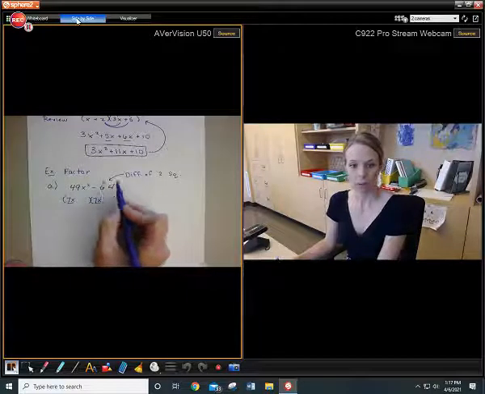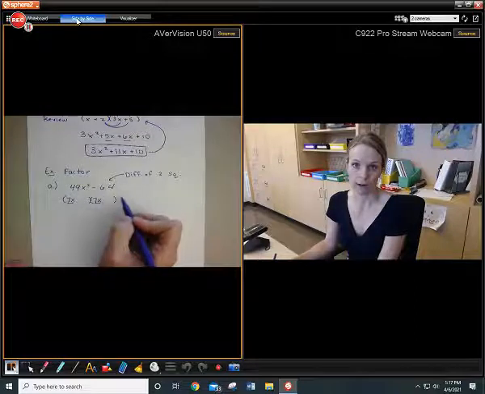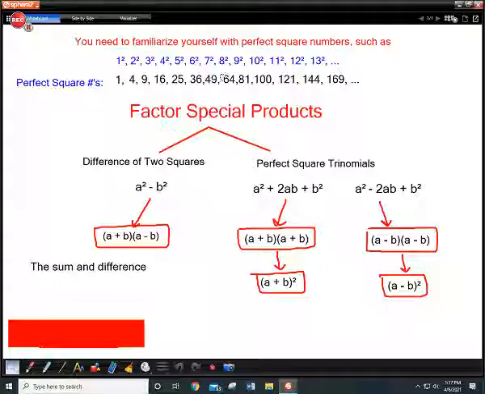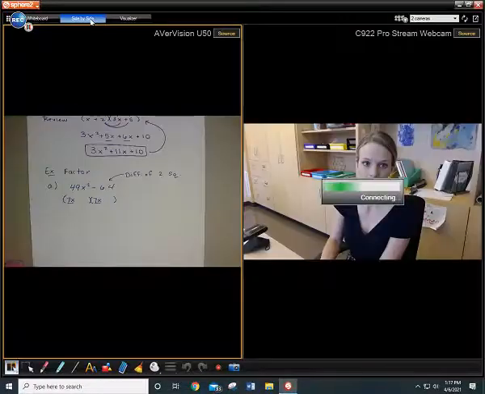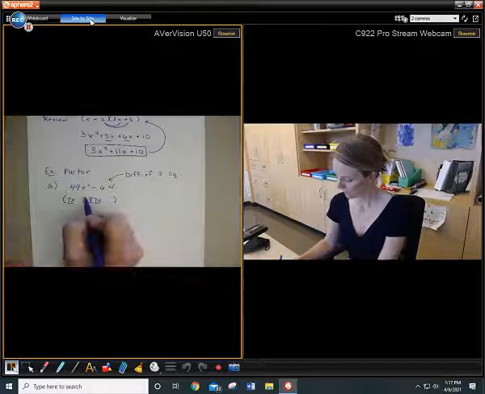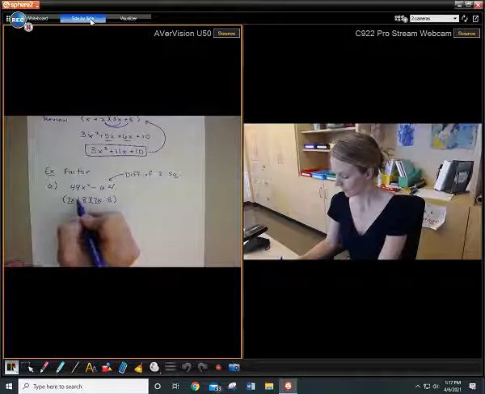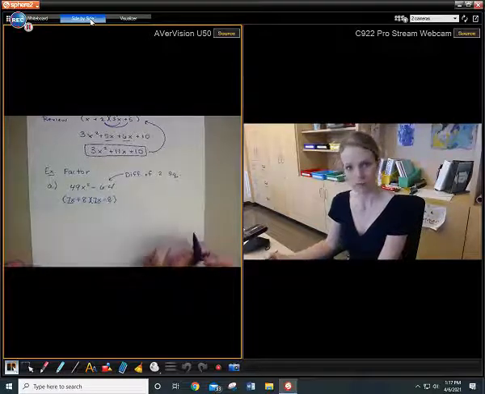Now looking at 64, what number do you square to get 64? Take a look back at your notes. So what number did we square to get the 64? That was 8. So I'm going to put an 8 here and an 8 here. And the result is the sum and difference.